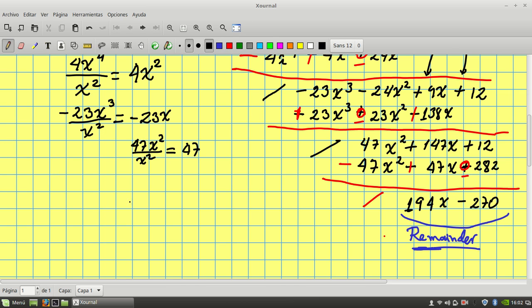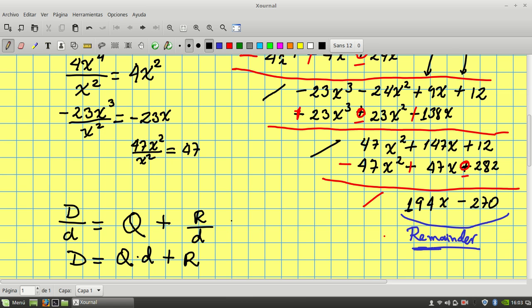There are two ways to write the answer. The first way is dividend over divisor written as quotient plus remainder over divisor. And the other option is that the dividend is equal to quotient times the divisor plus the remainder.